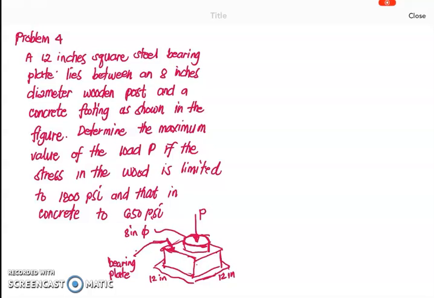So if we're going to have the free body diagram for our wood, you have here our P, applied force, and of course you have the force exerted by the wood. In this one, the force exerted by the wood, of course, is equal to stress multiplied by the area.